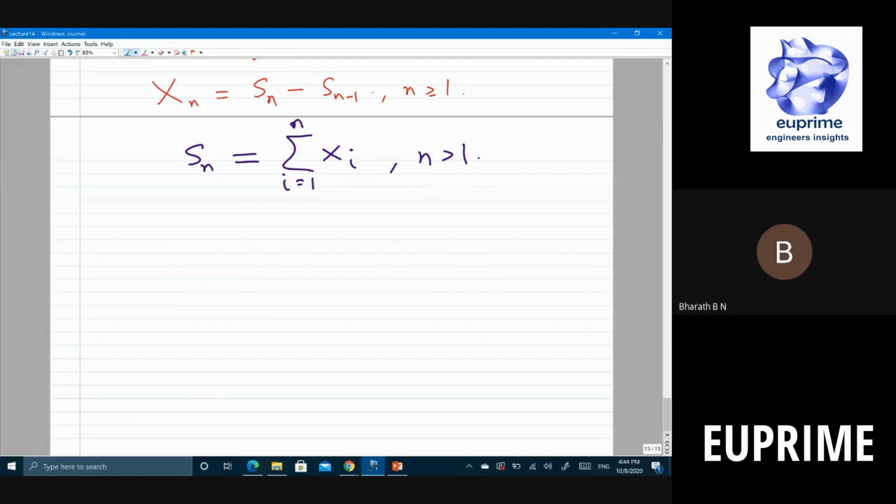There is one more way of looking at this, right? I can essentially count the number of people coming into the queue in some epoch or an interval. In other words, I can describe it in terms of what is known as a counting process. So let's look at it in terms of a counting process as well.